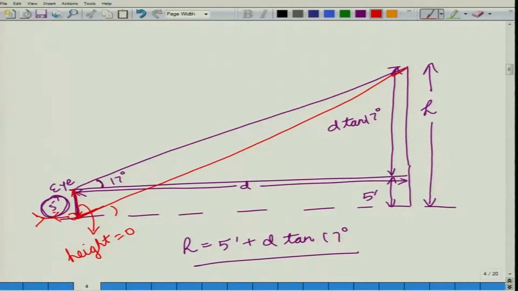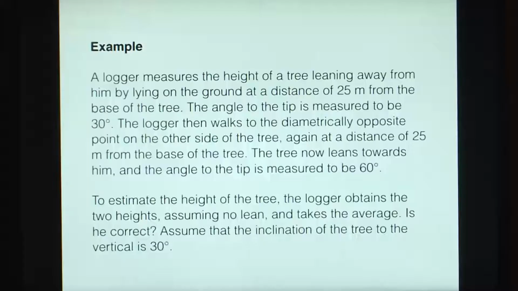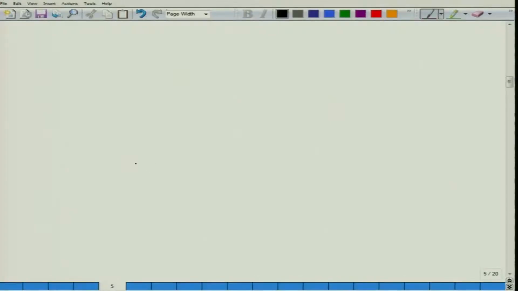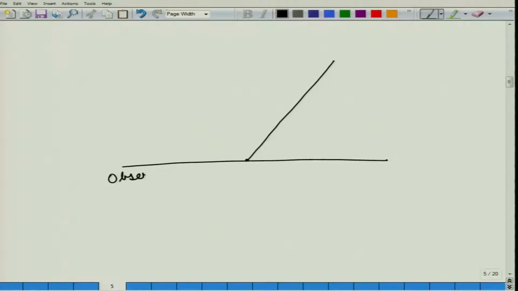Now, coming back to the question, a logger measures the height of a tree leaning away from him by lying on the ground at a distance of 25 meters from the base of the tree, and the angle to the tip is measured to be 30 degrees. So, if we represented this graphically, how would it look? If this is the ground level and there is a tree that is leaning away from the observer, this is the point of the observer.